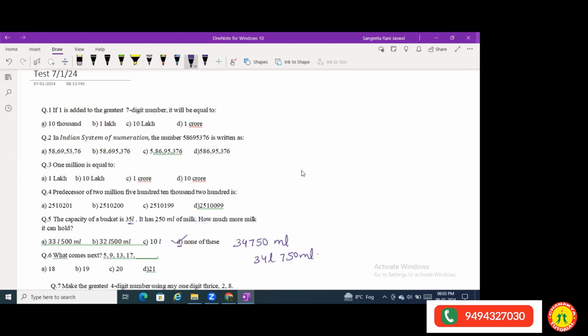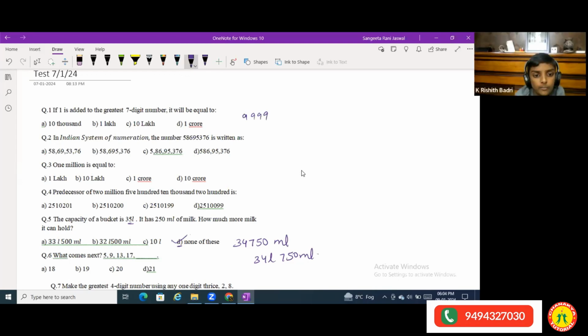Now see this question number 1. If 1 is added to the greatest 7-digit number, it will be equal to what? It will be 7 nines like this. Ma'am, is it 1 crore? Yes, 1 crore.